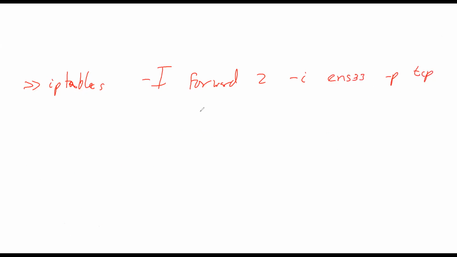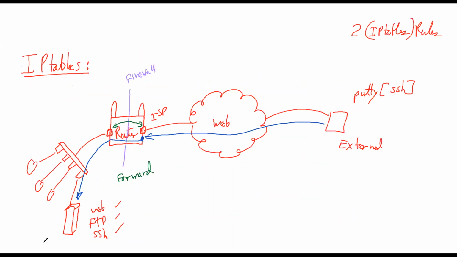And then --dport 22 for SSH, and the destination IP is, let's say, I'm going to make up a number, 172.31.0.23. So that's the IP that you're going to specify.